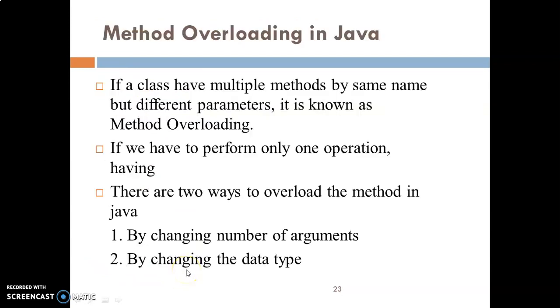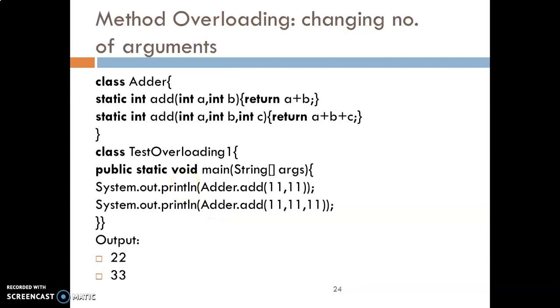Now method overloading. Method overloading can be done in two ways, by changing the number of arguments and by changing the data type. It is very clear to all the students. I know that it is one of the very important topics and easy for all the students to understand. Here we are trying to overload the method, and that's why the name is method overloading. This is the example you can see here. The method name is add, and these are the variables.